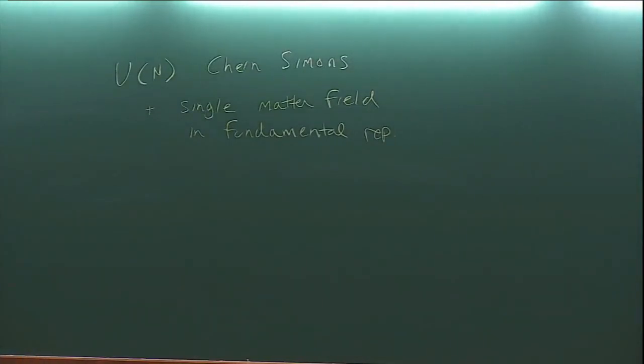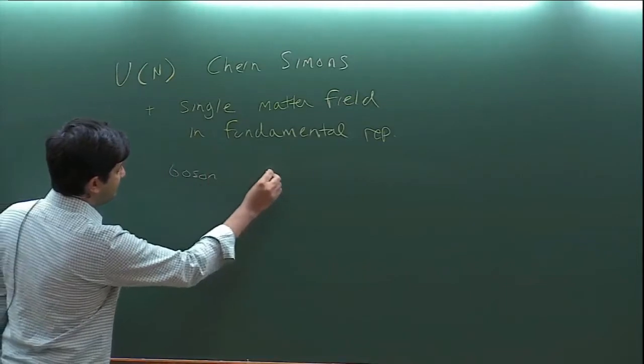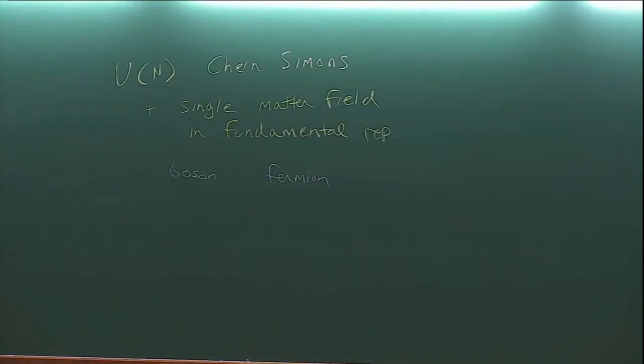That's all we will talk about in this lecture series, though the methods could be extended to handle several matter fields in a fundamental representation, but that's not yet been done. This single matter field could be either a boson or a fermion, and of course there's a story about a duality between these two, which I won't review at this point.